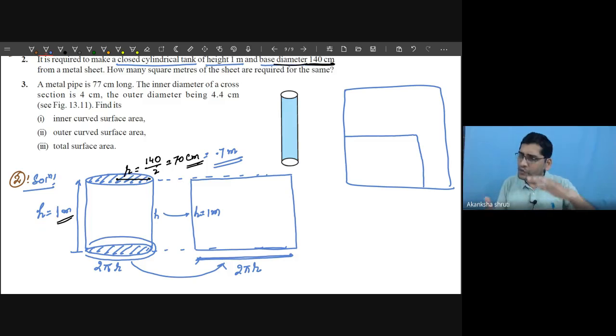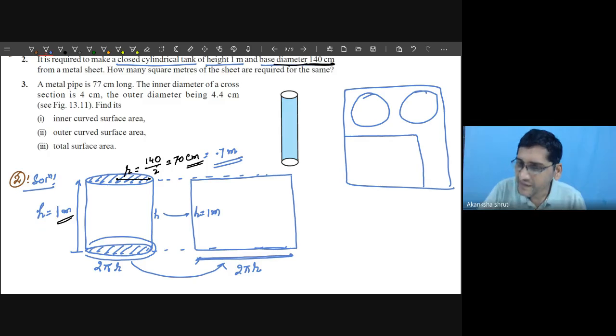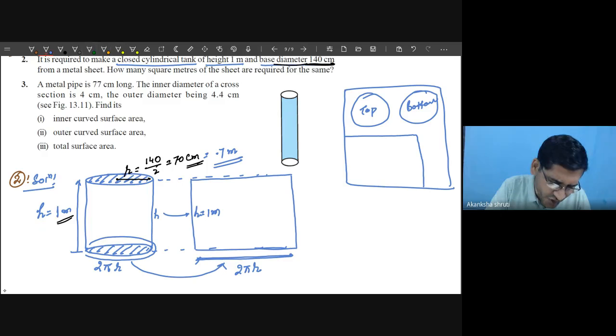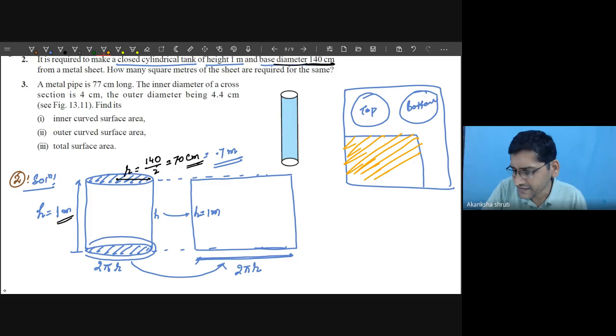But we need to close it from the top and bottom. For that, we need 2 more circles, one for the top and one for the bottom. The question asks how much sheet area is used. The area used is the area of this rectangle cut from the sheet, plus 2 times the circle: one part for the top, another for the bottom.